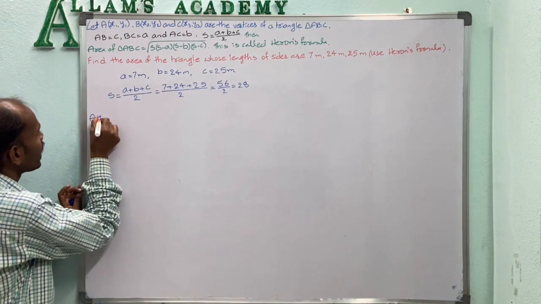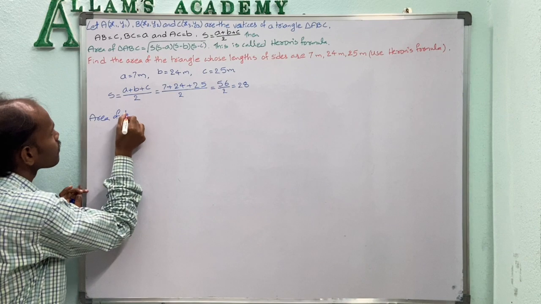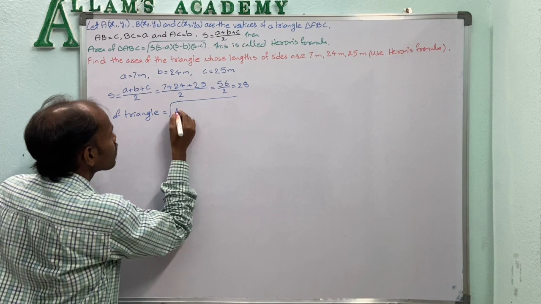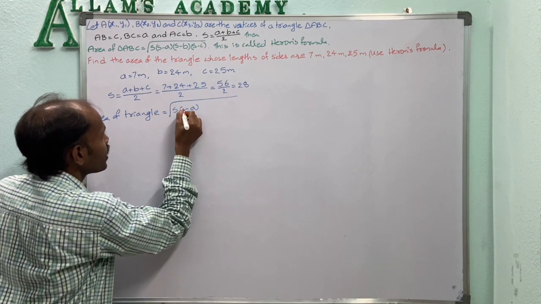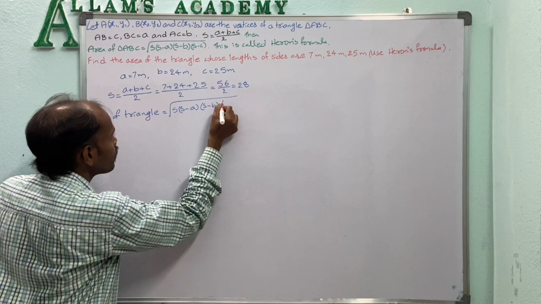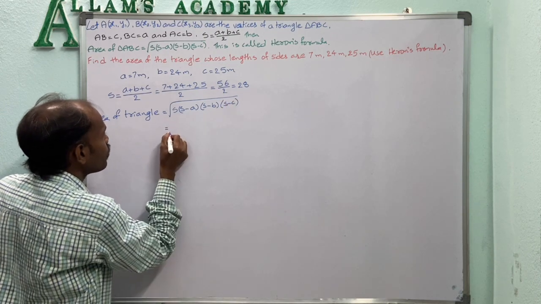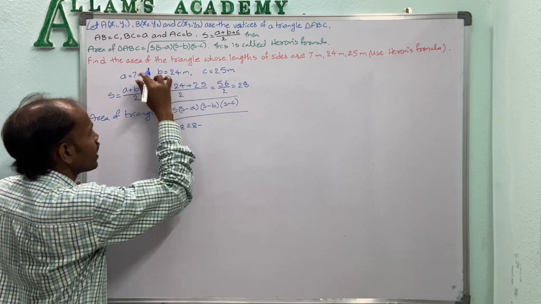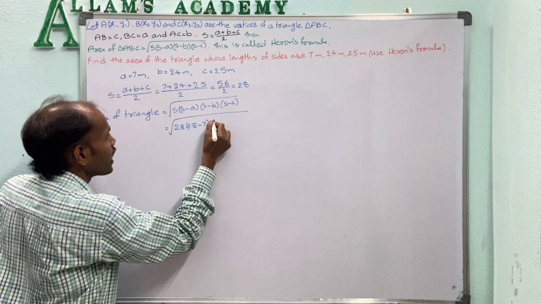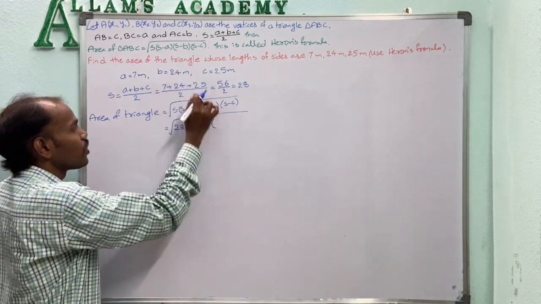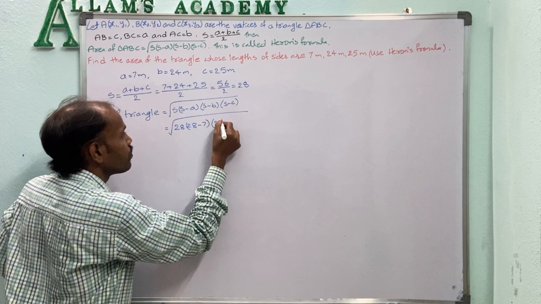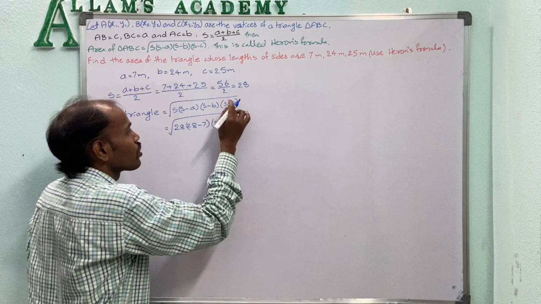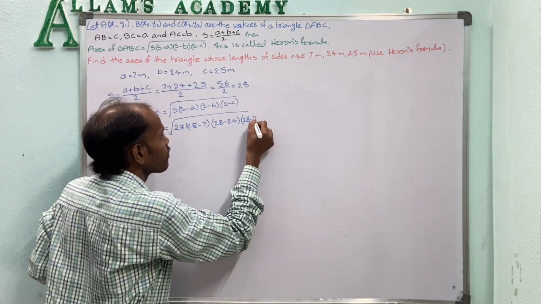That equals under root 28 into (28 minus a), with a equal to 7, so 28 minus 7, and b equal to 24, so 28 minus 24, and c equal to 25, so 28 minus 25.